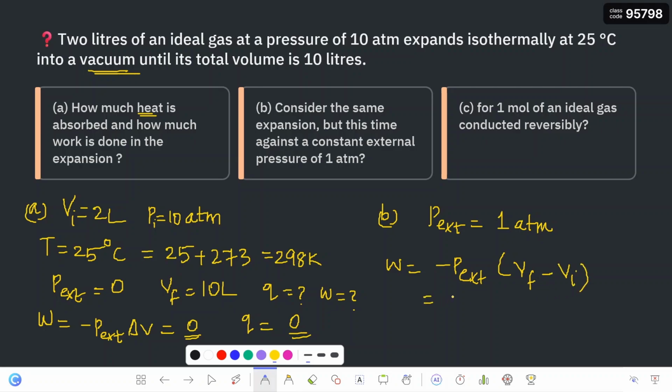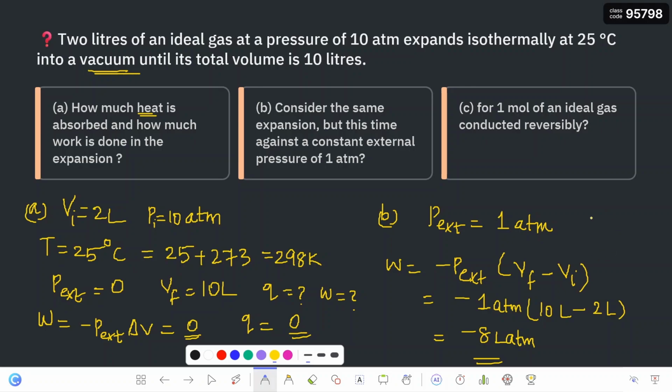So minus P external, given as 1 atmosphere, times final volume 10 liter minus initial volume 2 liter. So we will get minus 8 liter atmosphere. So W will be equal to minus 8 liter atmosphere.